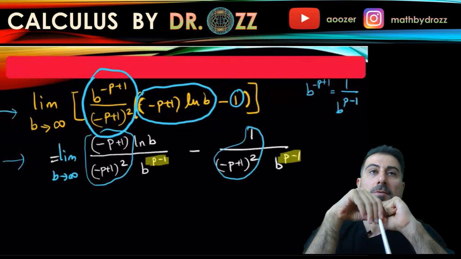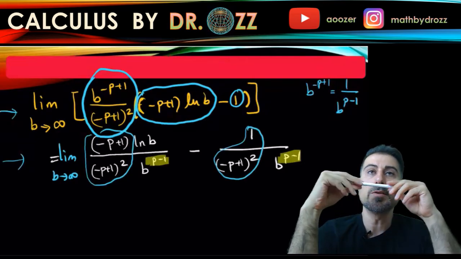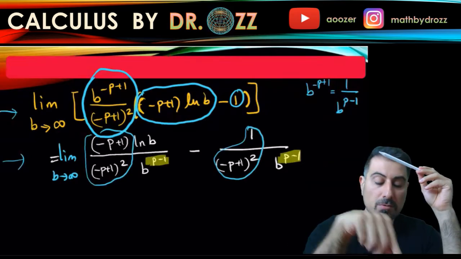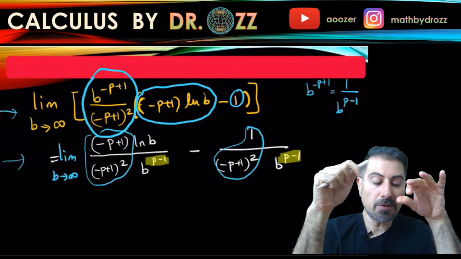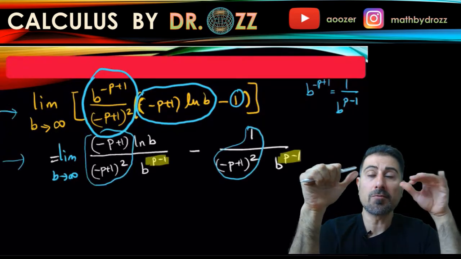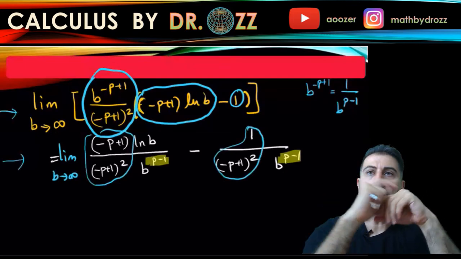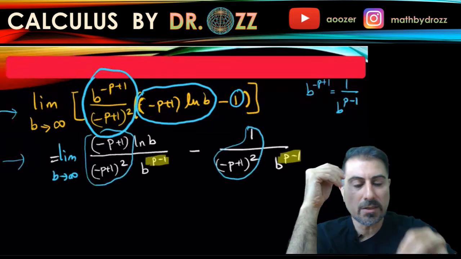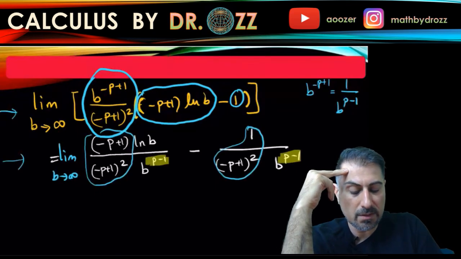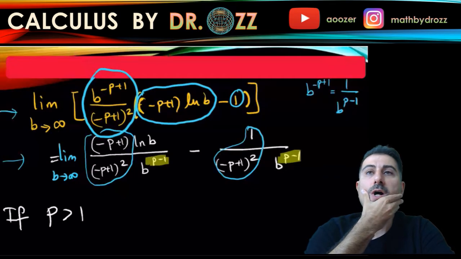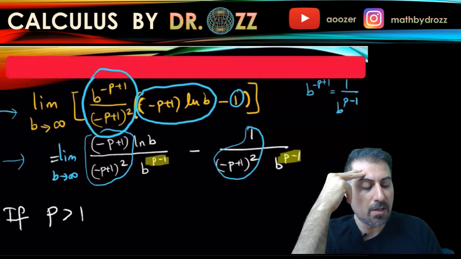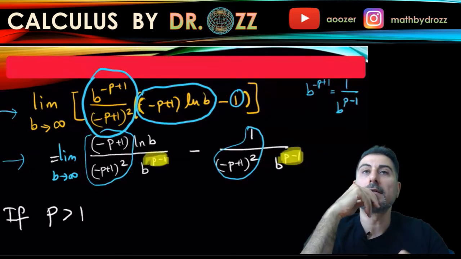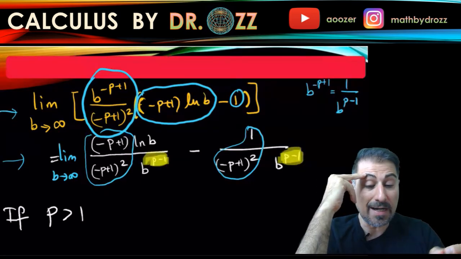You can pause the video and evaluate the limit by using L'Hopital's rule for the first one, because you have ln infinity over infinity to the power of p minus 1 type form, and if p is greater than 1, that means these power terms are going to be positive.